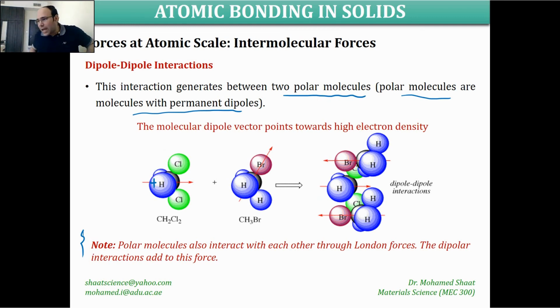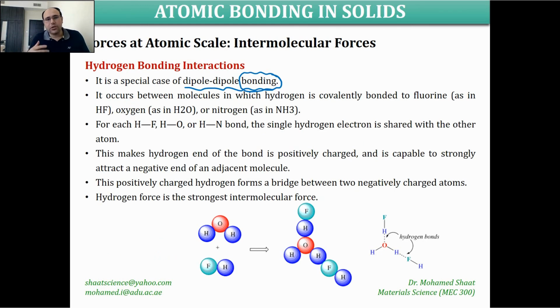This type of dipole interaction is kind of strong, so that it could be counted for some materials, could be used for bonding material, for building a material, and it's going to do the same action or behavior like the other bonding forces, like ionic force, for example, or ionic bonding. So that's why, in some cases, we give it the name hydrogen bonding. So this type of force is a very strong force.